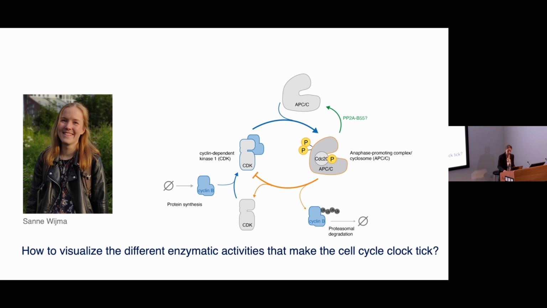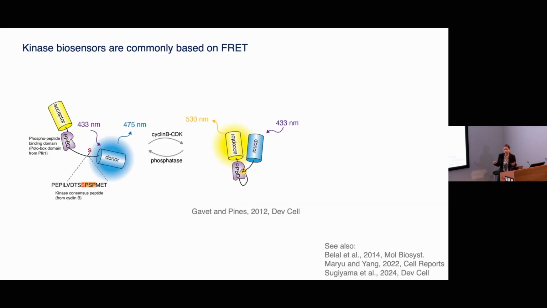So how has this been done in the past? We already have heard about FRET earlier today. Generally, many of these biosensors, especially if they want to sense kinase activity, are built on FRET. They come in different designs, but all of them pretty much have this principle.